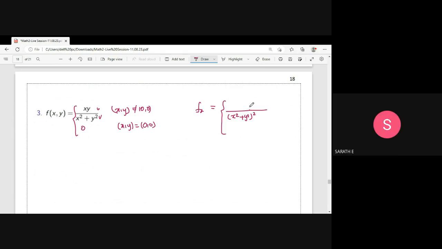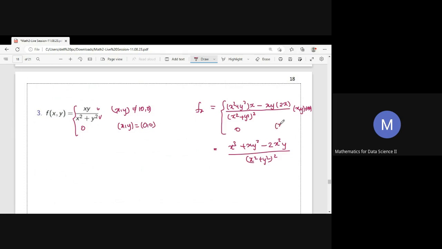And then v is x squared plus y squared into y, minus xy into 2x. So it is x cube plus xy squared minus 2x squared y, whole divided by x squared plus y squared whole square. So this is when x comma y is not equal to 0 comma 0.